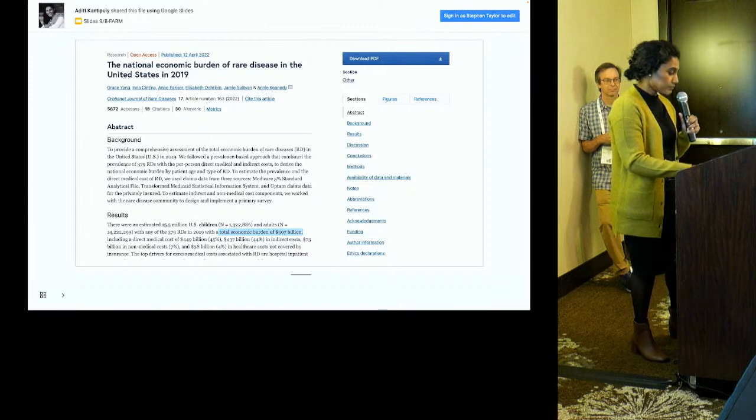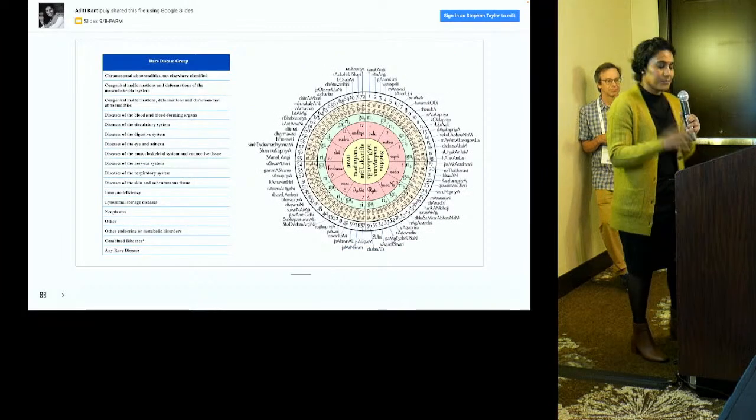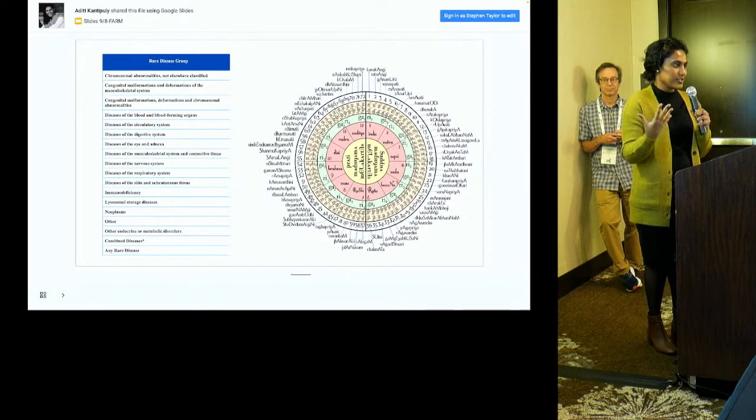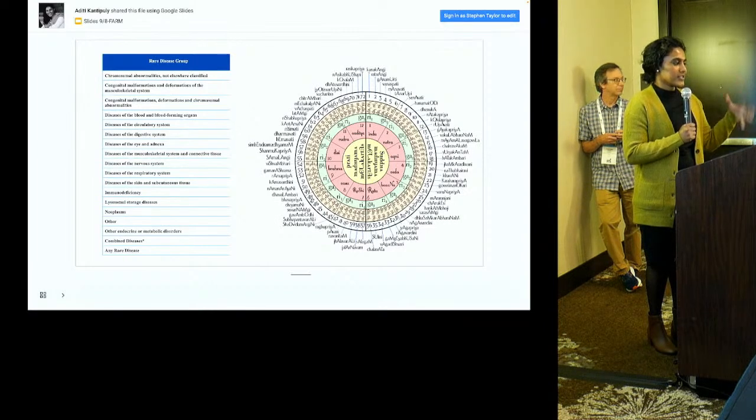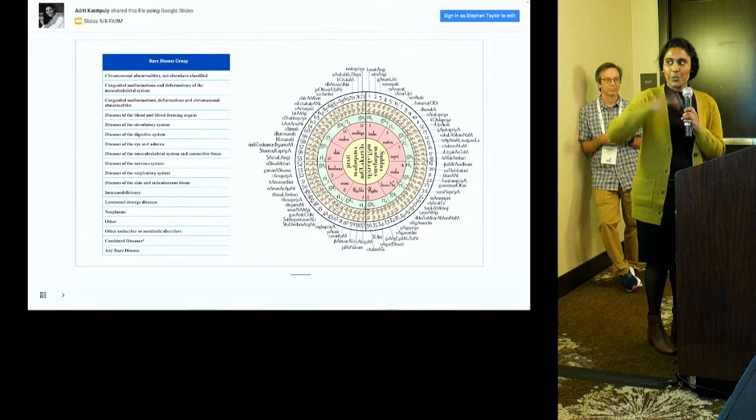In the study, the diseases were divided into different rare disease groups, like diseases of the digestive system, diseases of the skin, and we transposed this.